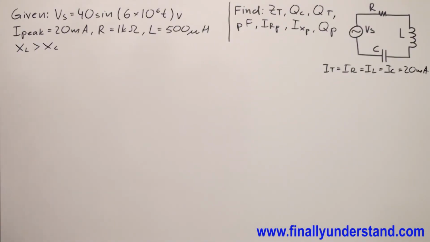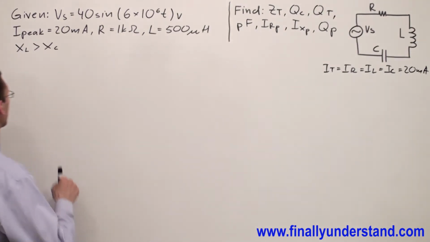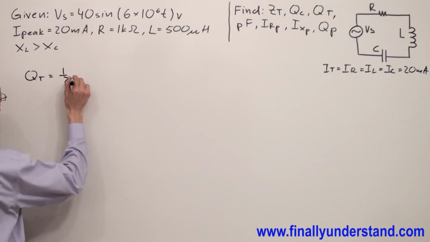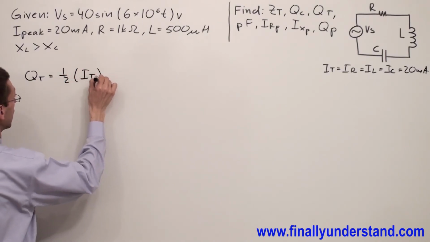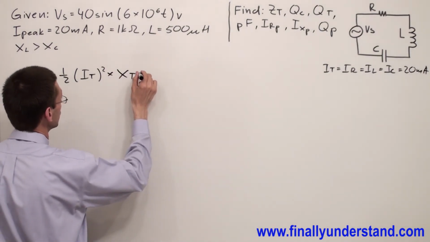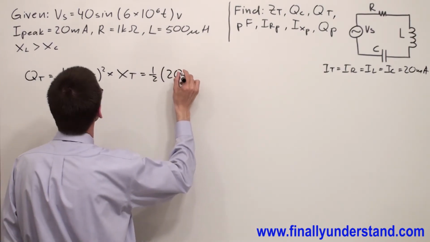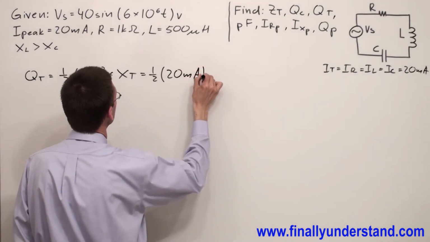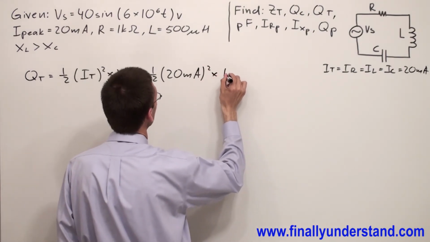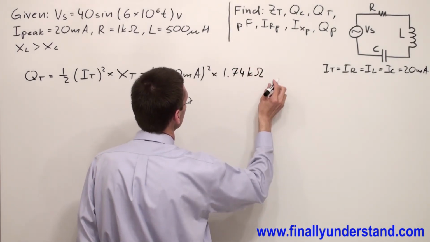Now we can find the total reactive power. I have a formula which says Q total is equal to 1/2 I total squared times X of T. So this is equal to 1/2 times 20 milliamps raised to the second power times X of T, which we found is equal to 1.74 kilo ohms.